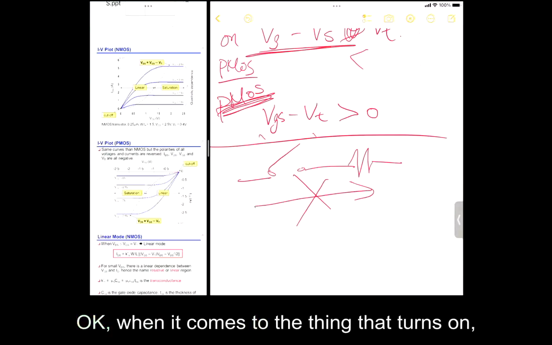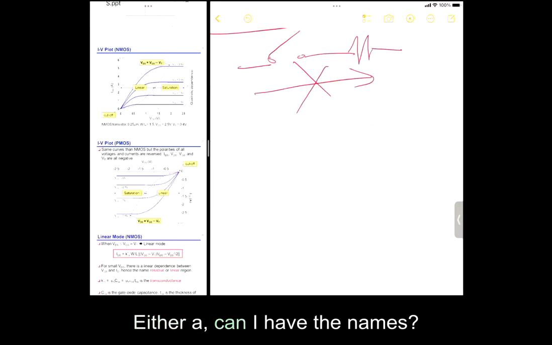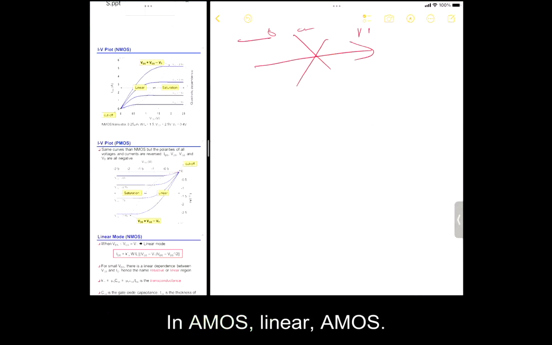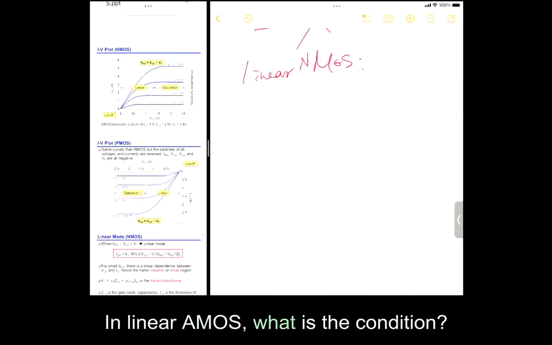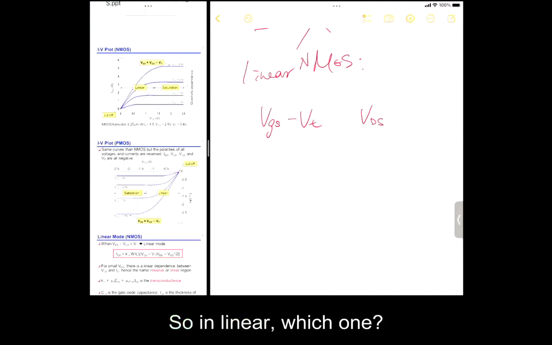When it comes to the case that turns on, you have two modes. What mode and what mode? Linear and saturation, right. And in NMOS, try to test your memory. In linear NMOS, what is the condition? Well, I know it's about VGS minus VT, it's about VDS. So in linear, which one? This one? Yep, all agree? Yep, that is NMOS.